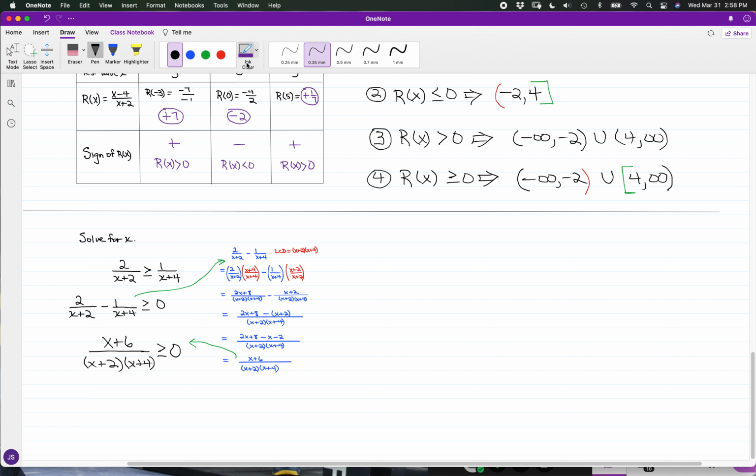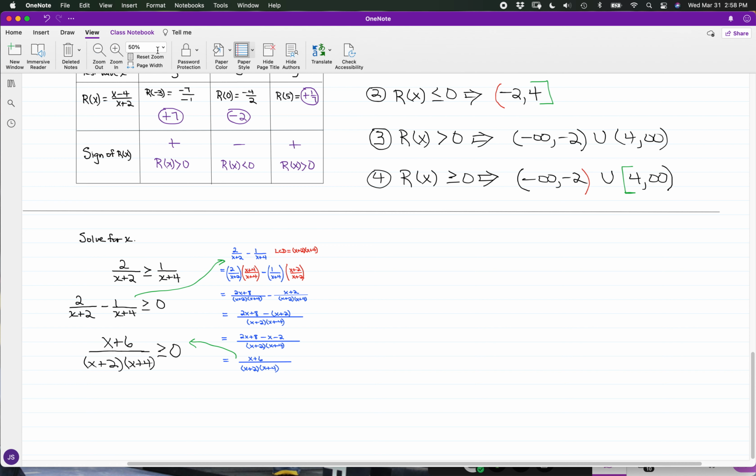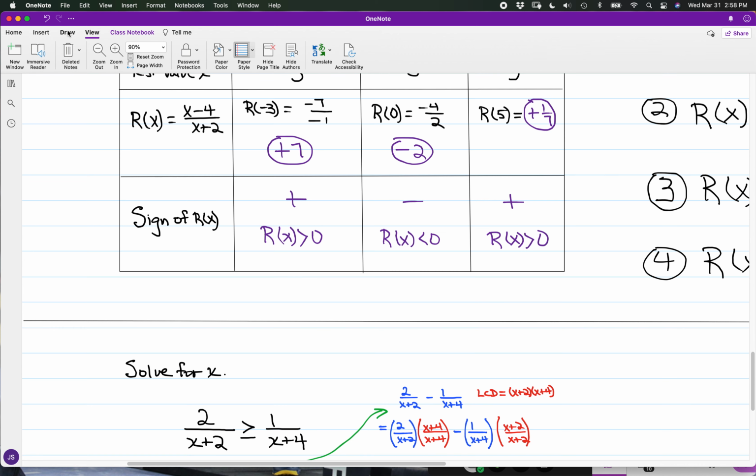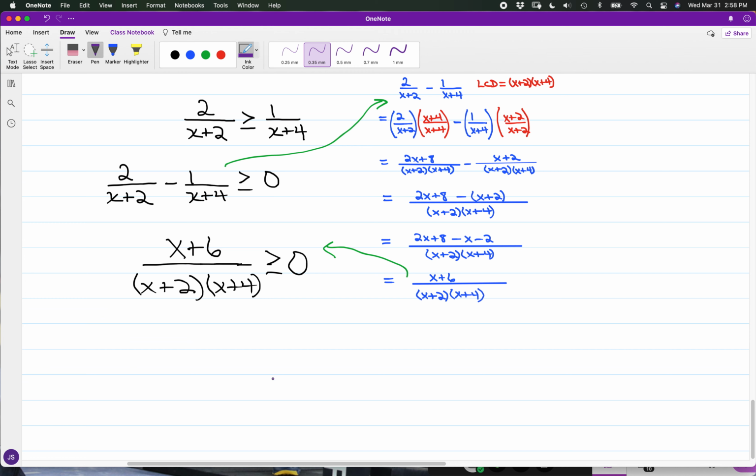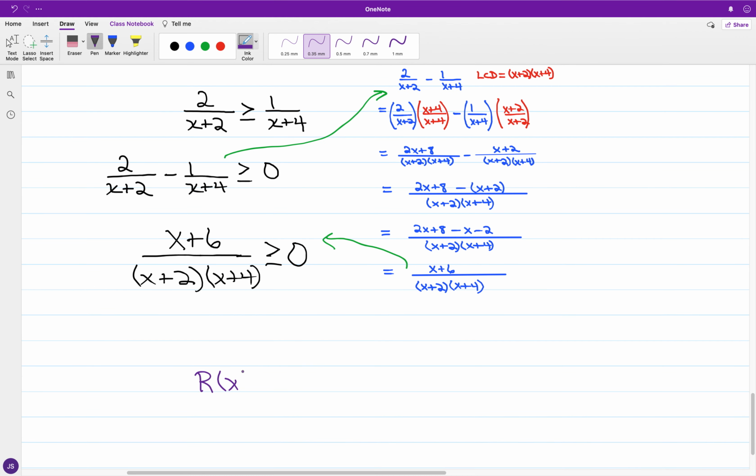Looking at what we have for the resulting r of x, you have x plus 6 all over the quantity of x plus 2 times that of x plus 4.